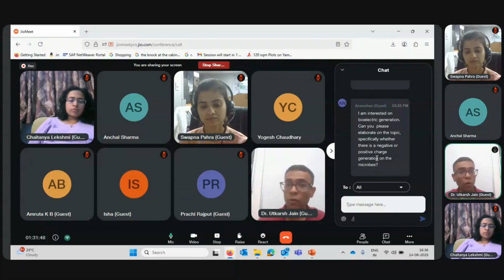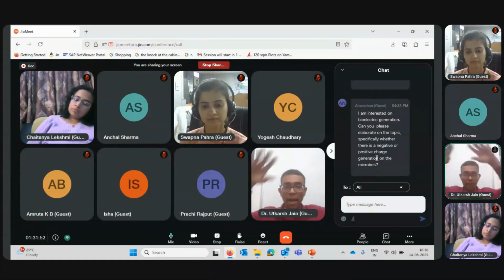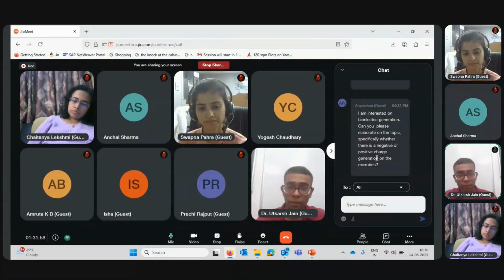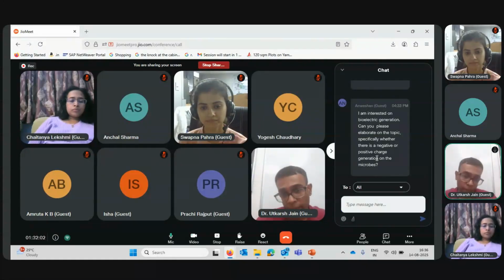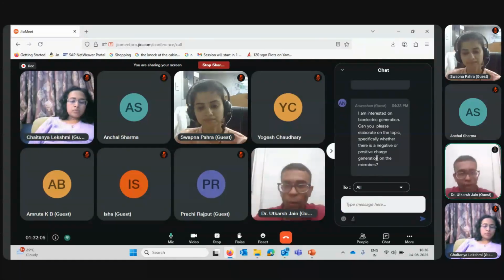there are a lot of research institutes as well as companies who have microbial fuel cells in big sizes. So say, for example, this room, a 10 by 10 feet room can have microbial fuel cells, and they have been working constantly to generate bioelectricity for the whole building.